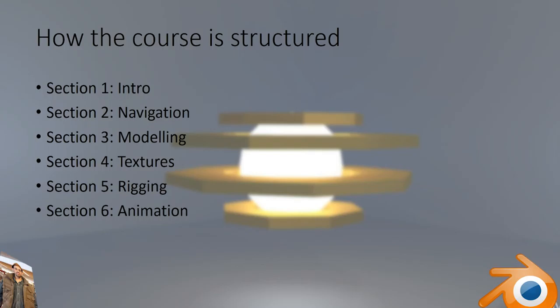Make a note that this does not cover every single solitary bit about Blender. It is a comprehensive course for beginners, so this will take you through all of the most important stuff. So the most commonly used modifiers have been selected. They'll be included in the modelling course. The primary ways of texturing, rigging, animations, all of these will be covered in detail, but I'm not going to go too over the top.